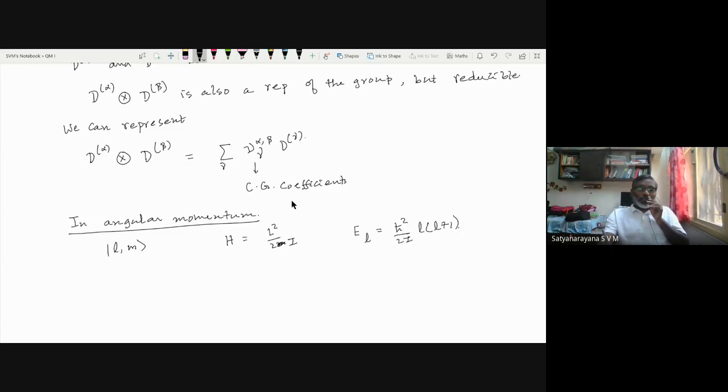Correct? So they don't depend on M. So E_L is independent of M.